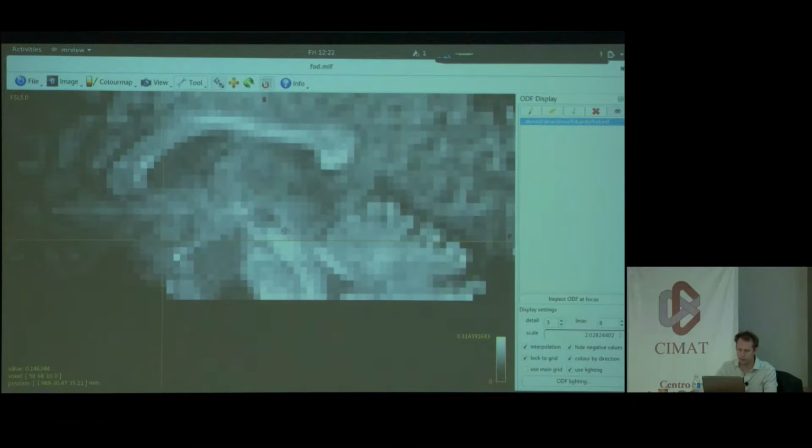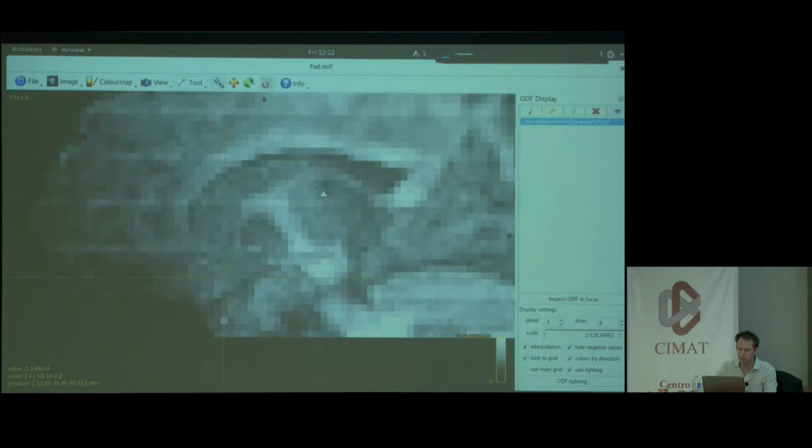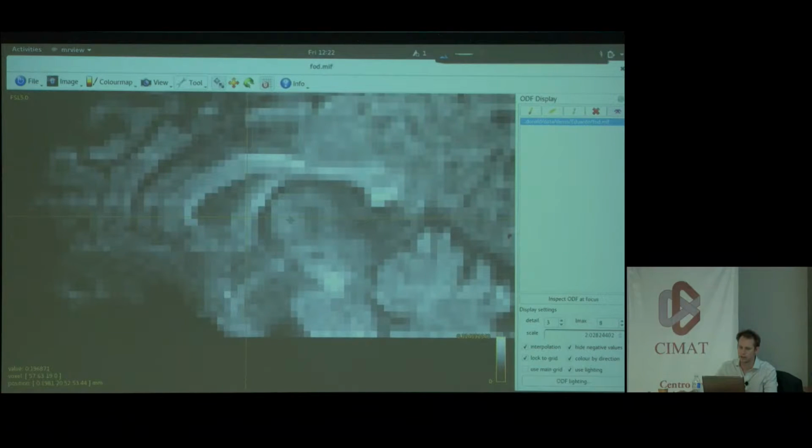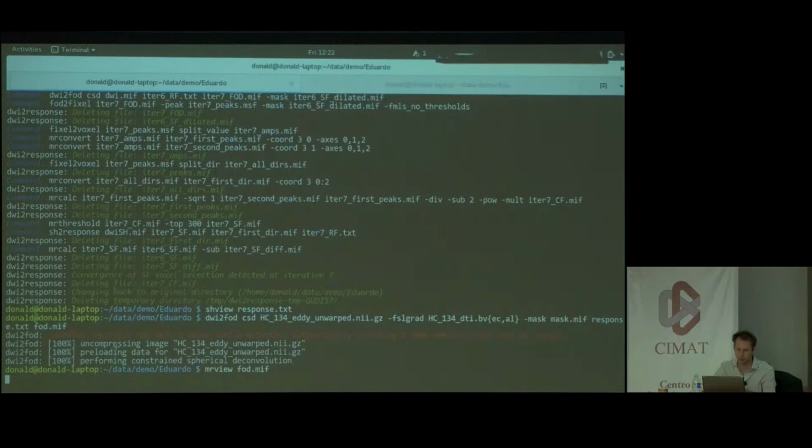I heard someone say fornix, so we'll go for fornix. Where are you? Okay. There we go. So what I might do is just seed from here and see what I get. Just note down the position of that thing. It's roughly 0, 18, 57.